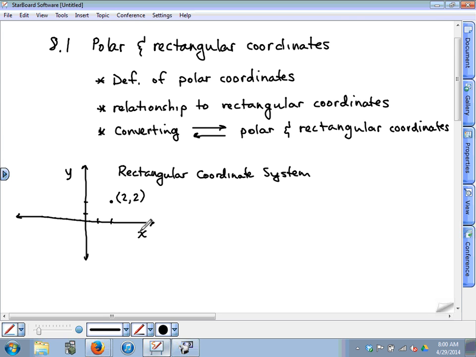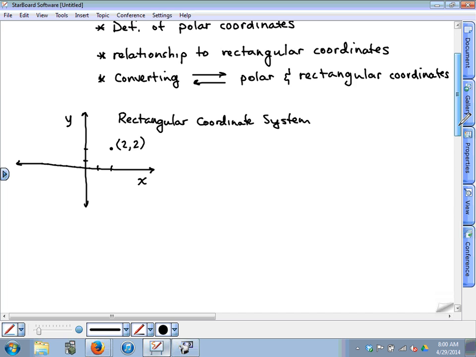It's especially great for functions, for graphs that are functions, meaning it passes the vertical line test. Quite often with graphs that aren't functions, like circles, ellipses, the hyperbolas that we saw, and then you'll see some other graphs that are really strange, it's easier to describe those equations using a different coordinate system called the polar coordinate system. So here we go.